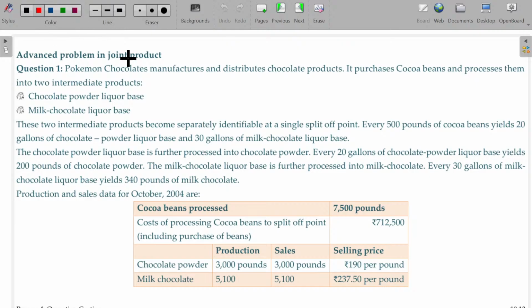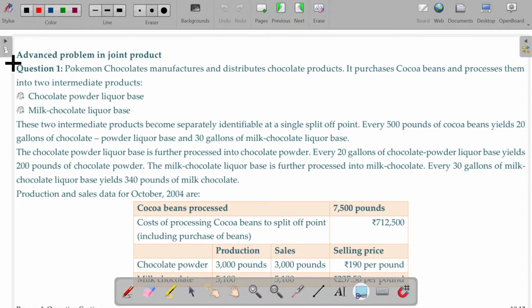Advanced problem in joint product. Let's see this first paragraph from here to here.